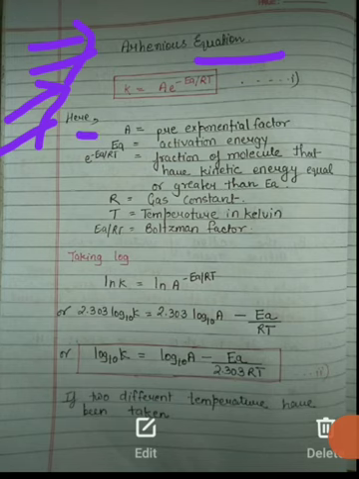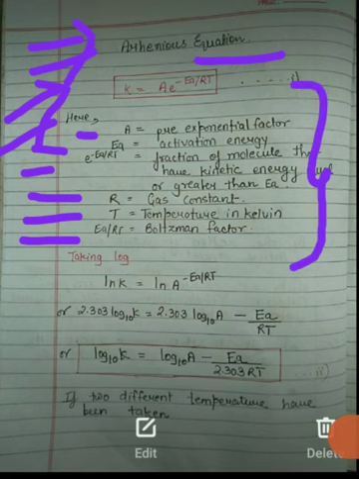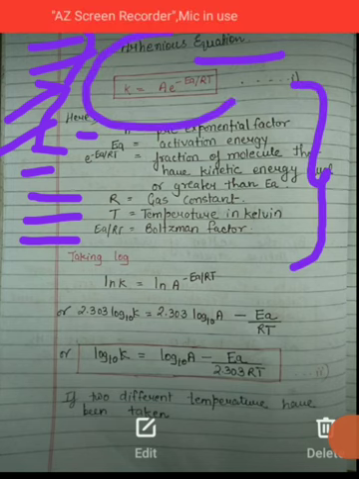Here A is the pre-exponential factor, Ea is the activation energy, e^(-Ea/RT) is the fraction of molecules that have kinetic energy equal to or greater than Ea. R, you all know, is simply the gas constant. T is the temperature in Kelvin, and e^(-Ea/RT) is the Boltzmann factor. So these are the expressions given in this equation.